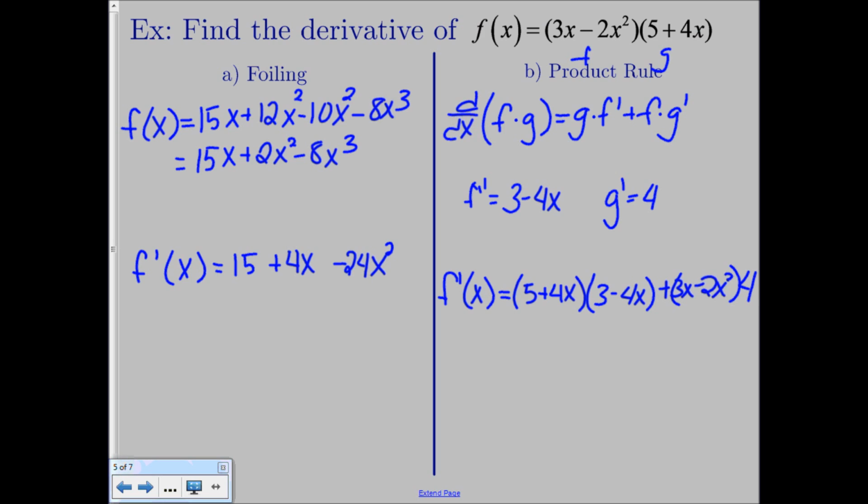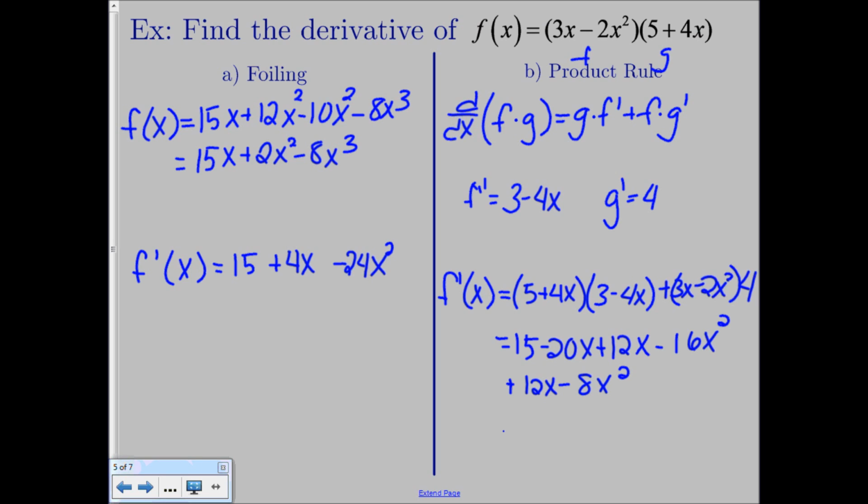Okay, so now we're going to FOIL these together, distribute, and combine all of our like terms, see what we get for f prime. So just FOILing through the first two quantities, we're going to get 15 minus 20x plus 12x minus 16x squared. And then distributing that 4, we're going to get plus 12x minus 8x squared.